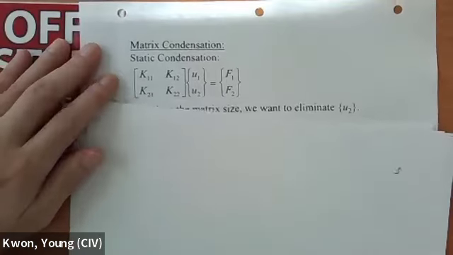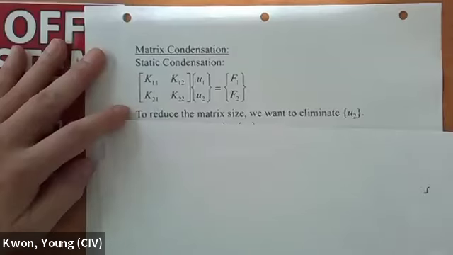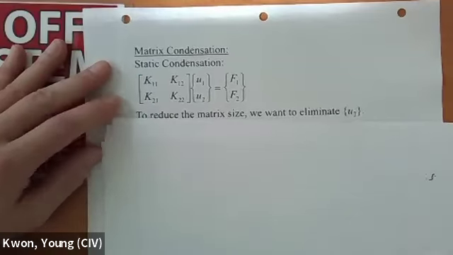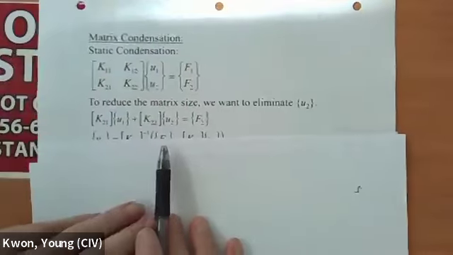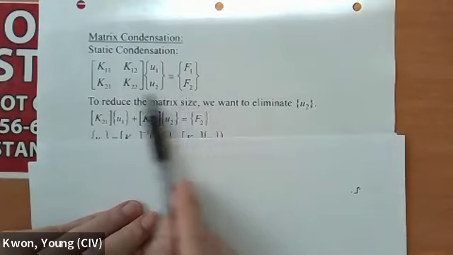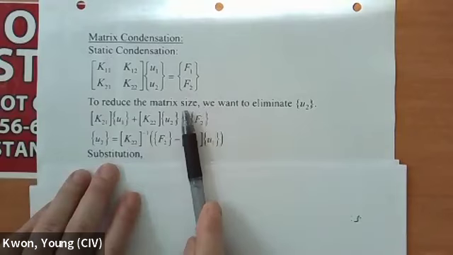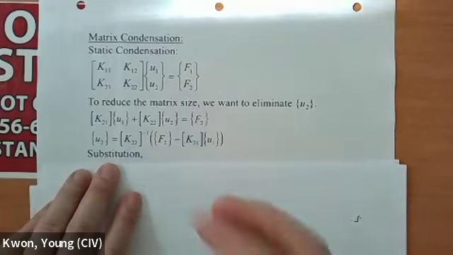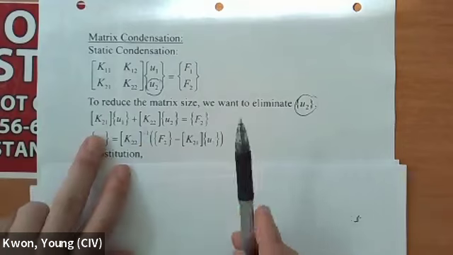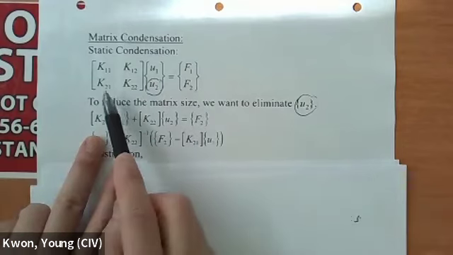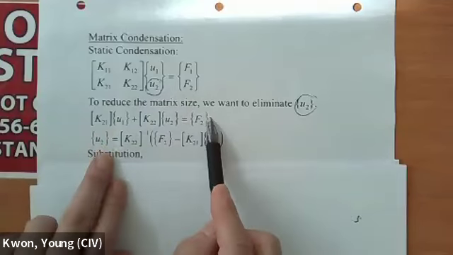Okay, then let's talk about matrix condensation. We talked about this in chapter 3 to apply boundary conditions, but here we are going to look at it from a slightly different perspective. If this is a static problem, with no inertial force, and you want to reduce the size of the matrix by eliminating the column vector U2, then from the second part of the matrix, K21 times U1 plus K22 times U2 equals F2.